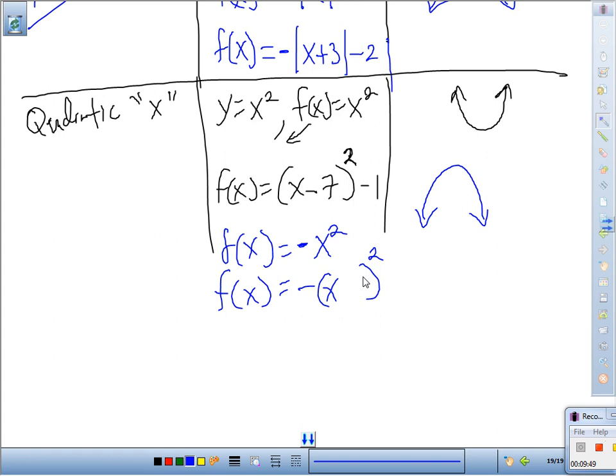Just substitute in there. I want you to make it go to the left 5 and 3 up. Let's see what you come up with. Left 5, 3 up. You should have done plus 5 plus 3.